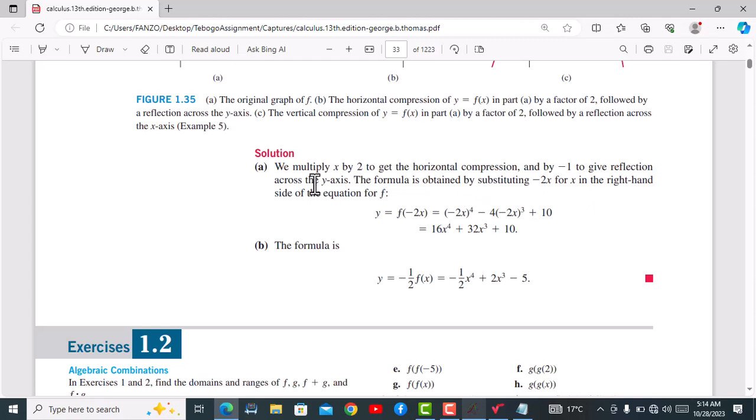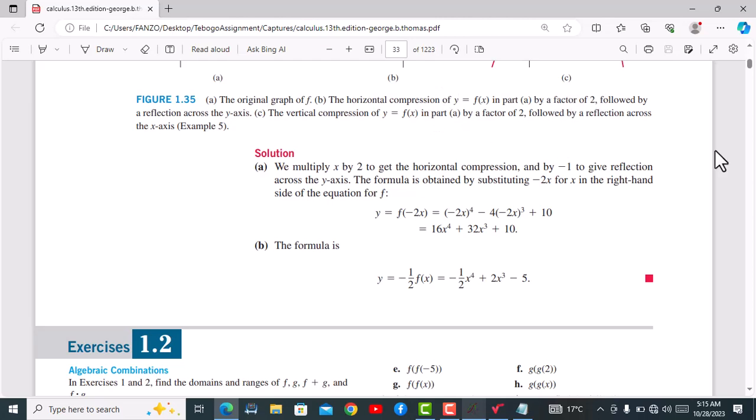Okay, that is fine. So the formula is obtained by substituting minus 2 for x in the right hand side of the equation. So let me just read this very clearly. We multiply x by 2 to get the horizontal compression, and by minus 1 to give the reflection across the y-axis. So this is already done here.